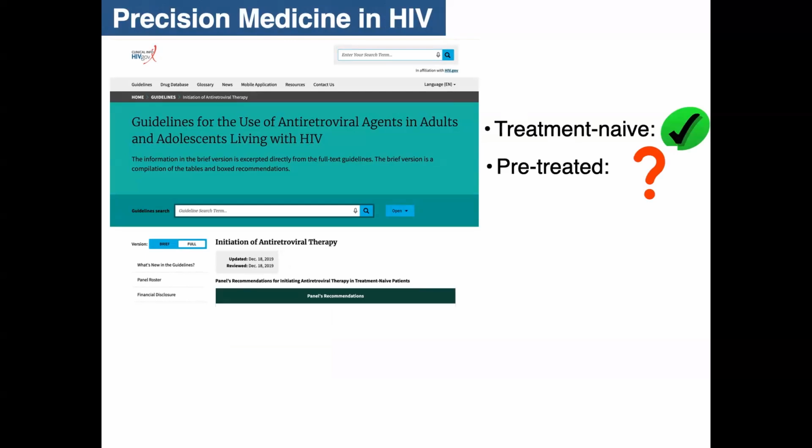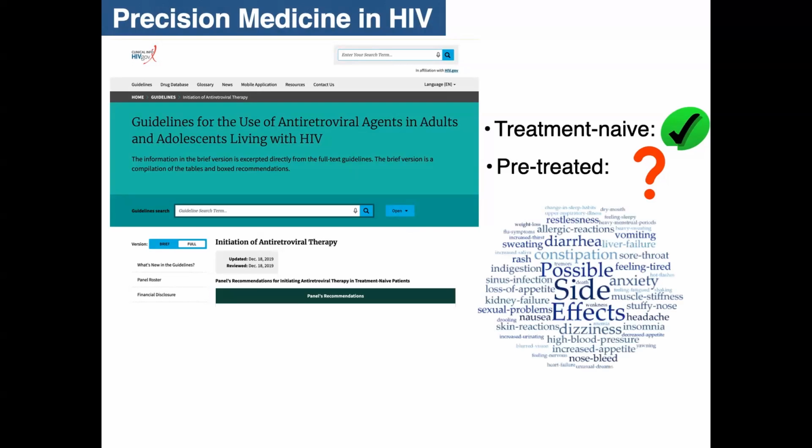However, for pre-treated patients, for example the data we analyzed in MaxY, which I will introduce more, they have been on HIV drugs for decades, like 20 years, 30 years. And what's the optimal regimen for them? It's still unknown, because there are a lot of things we need to consider.